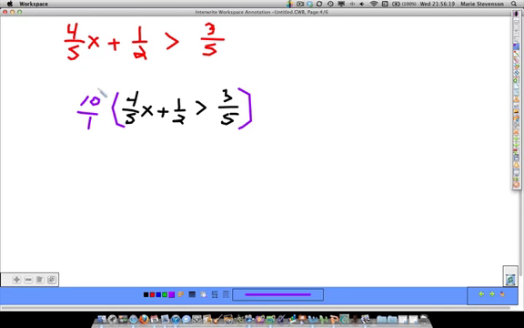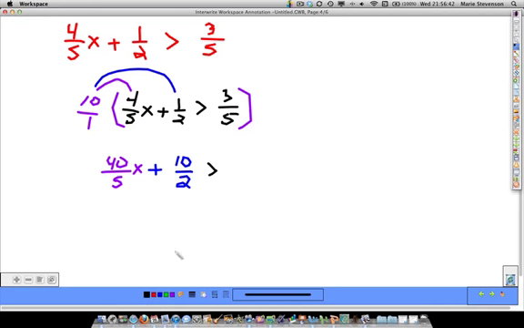I'll go slow. Here we go. 10 times 4 is 40. 1 times 5 is 5. And then you have the x term. Here's the next one. Plus 10 times 1 is 10. 1 times 2 is 2.